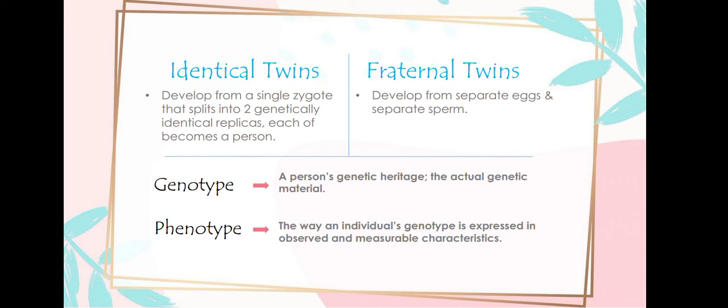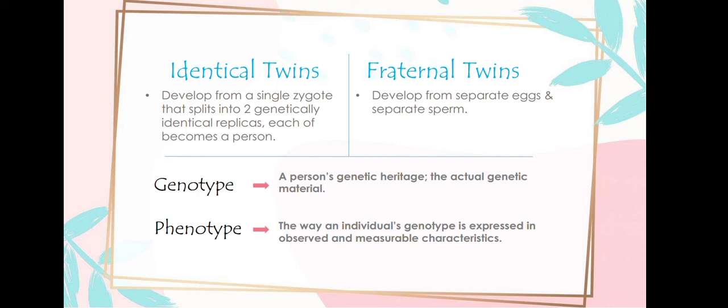So they have two different babies, from different sources. Same source, the same cells, results in identical twins. But different sources, different ovum and different sperm, will create fraternal twins.